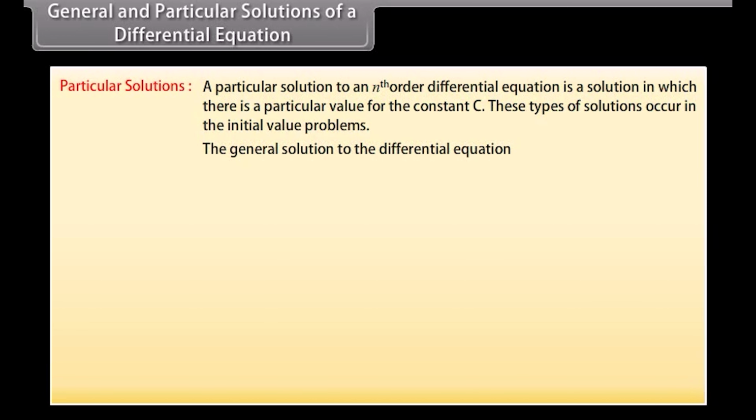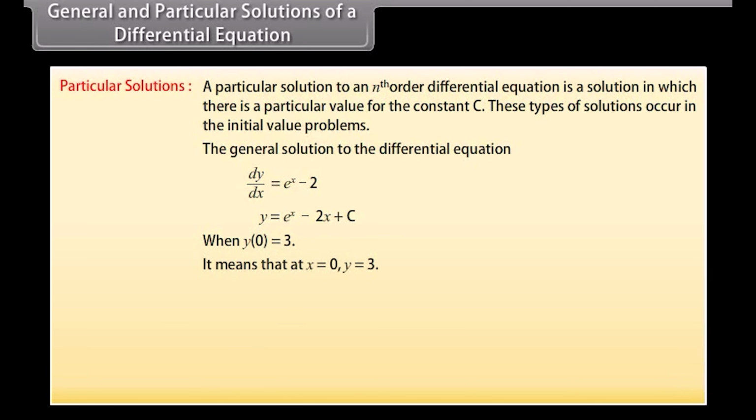The general solution to the differential equation dy by dx equals e raised to the power x minus 2 is y equals e raised to the power x minus 2x plus c when y0 equals 3.